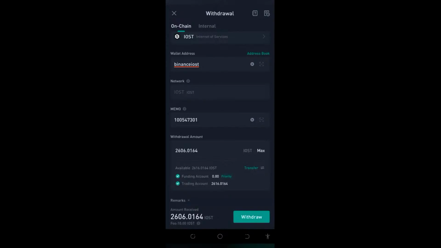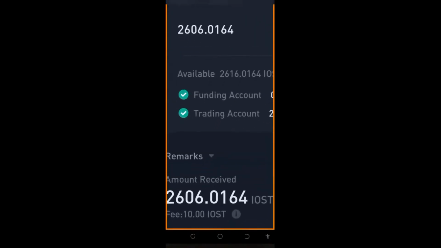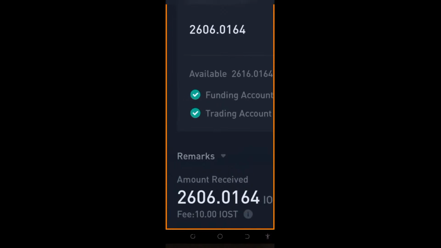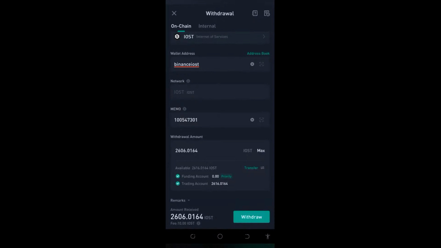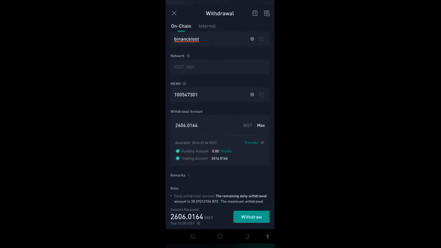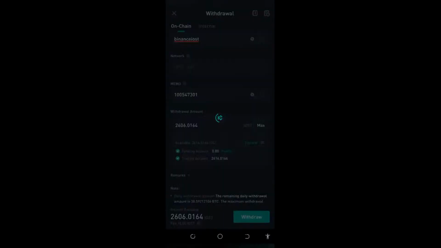So what we get is 2606. Remember that there's going to be a withdrawal fee of about 7 cents. It says that the fee is 10 IOST, which is equivalent to about 7 cents. So we're going to go over and get this done. All right. Let's withdraw. Okay. Withdraw.